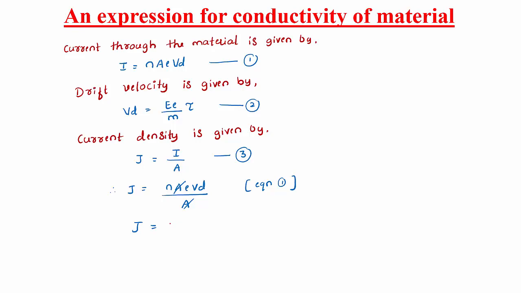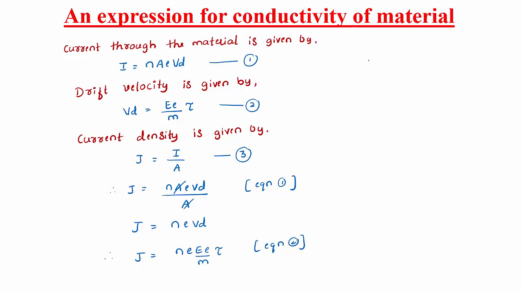So J equal to n e into Vd. Now in place of Vd, from equation 2, n e keep as it is, in place of Vd, I can write equation 2, that is capital E into small e divided by m into tau.